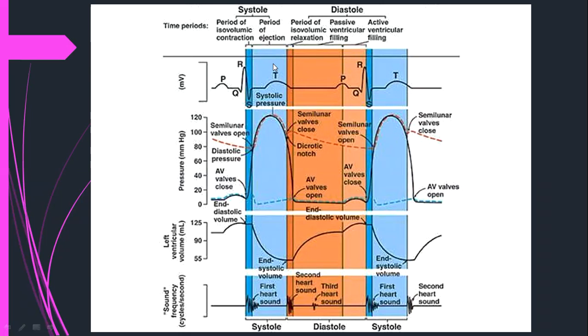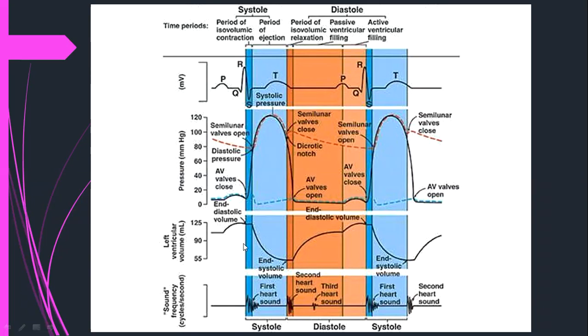Okay, and of course this region, where the semilunar valve opens till the semilunar valve closes, indicates the ventricular ejection phase. So at the end of this ventricular ejection phase, you shall have some blood remaining in the left ventricle, and this value is called ESV, end systolic volume, indicated by this graph here, which is close to 55 milliliters.